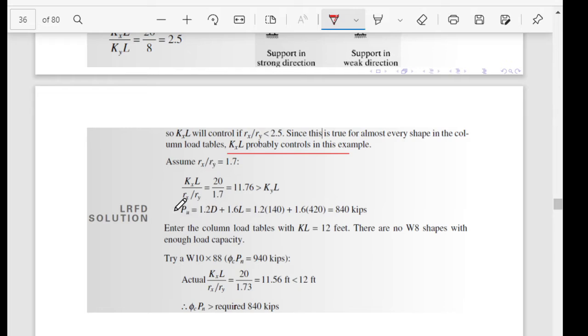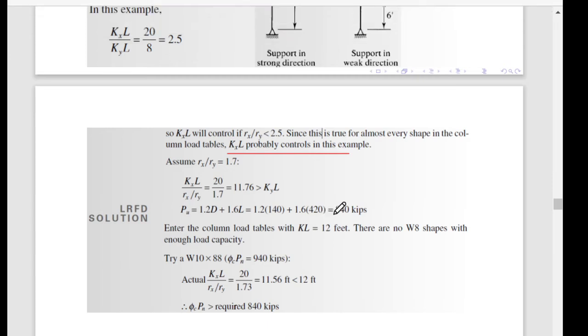Then we solve for the factored load. For LRFD, the solution is 1.2 dead load plus 1.6 live load. From the problem, the dead load is 140 kilopounds and live load is 420.